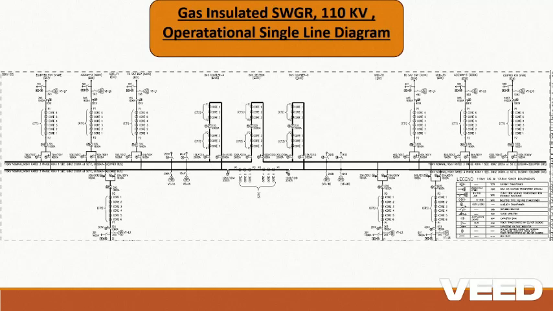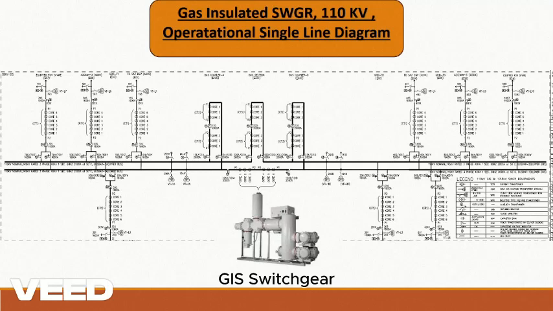This is a gas insulated substation where the arc quenching medium, or insulation medium, is SF6 gas. Due to the invention of SF6 gas, the size of substations has been reduced much, and they have become more economical, maintenance free and fault free.